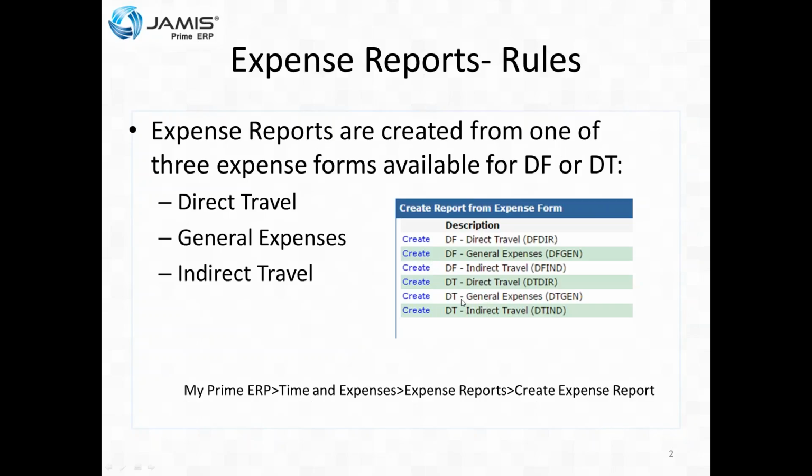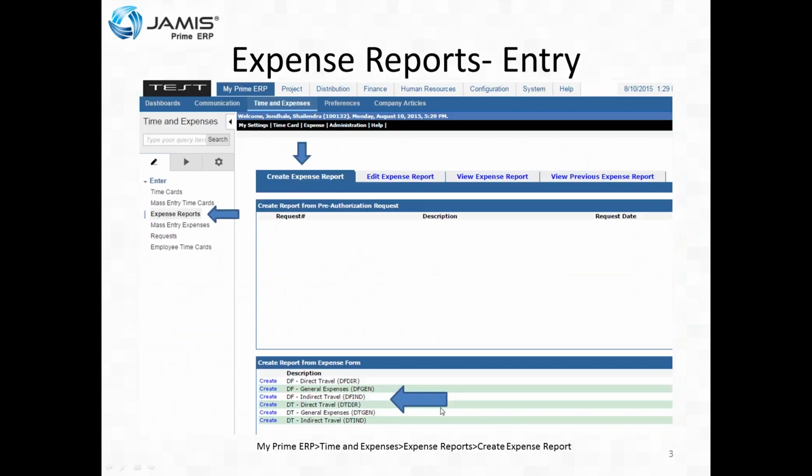For each of Federal and Technical, you have 3 different forms available to you: direct travel, general expenses, and indirect travel. And these can be found on My Prime ERP under Time and Expenses, Expense Reports, and Create an Expense Report.